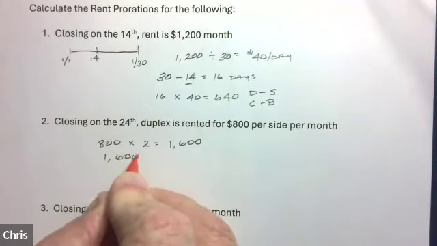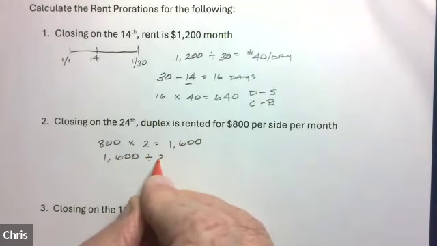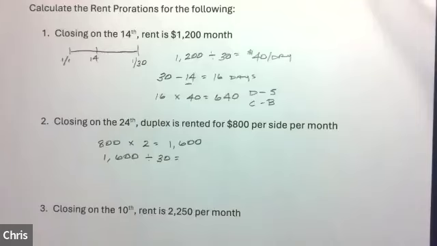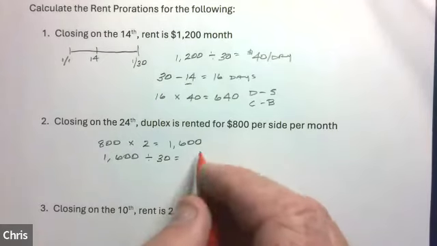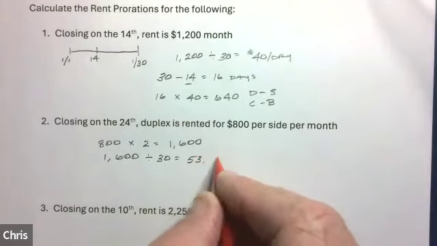$1,600 per month, which is already in the seller's pocket. We're going to divide by 30 because rent is a calendar month proration. This one's going to come out to be a little bit wonky because it's not going to be evenly divisible by 30. Let's see, 1,600 divided by 30, 53, and then of course repeating threes per day.